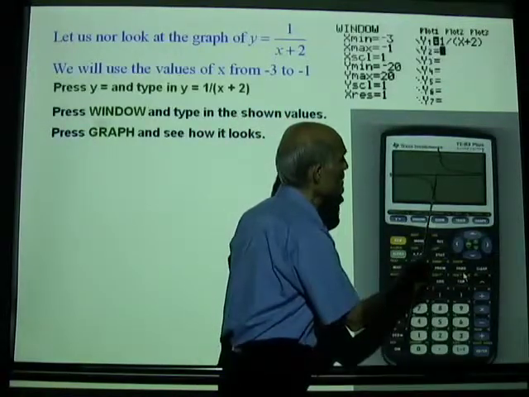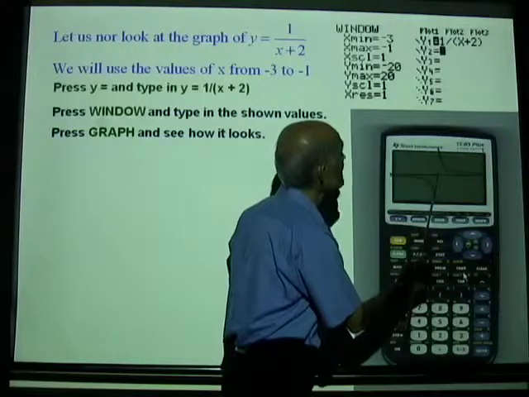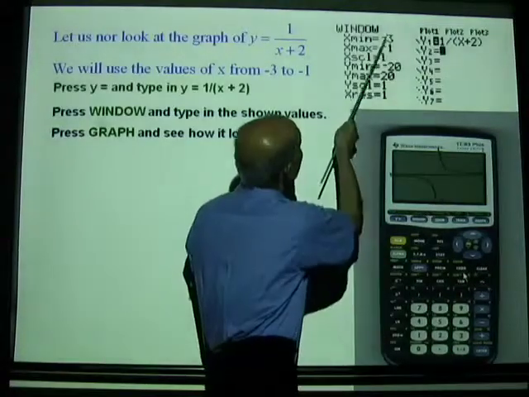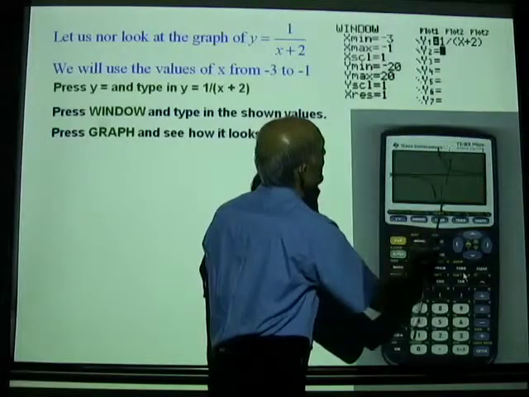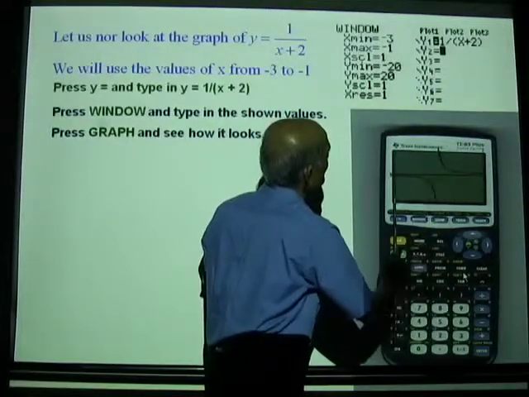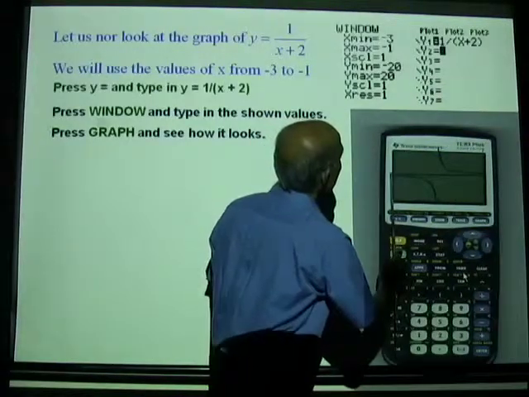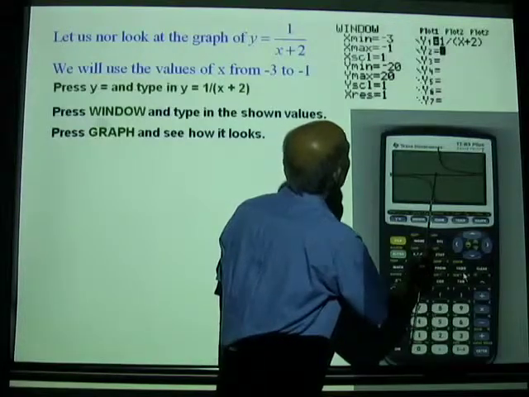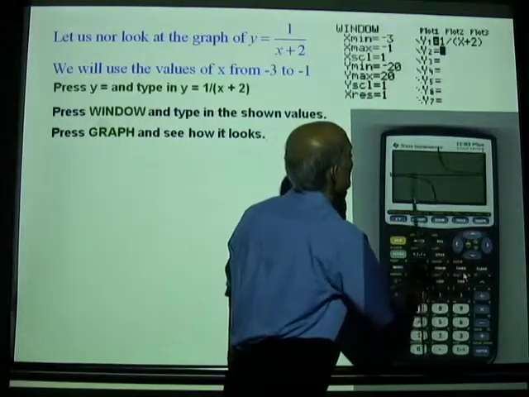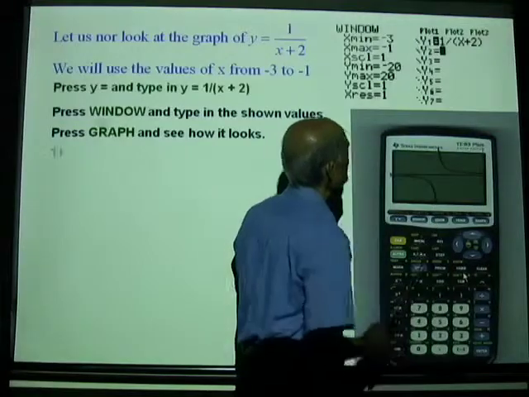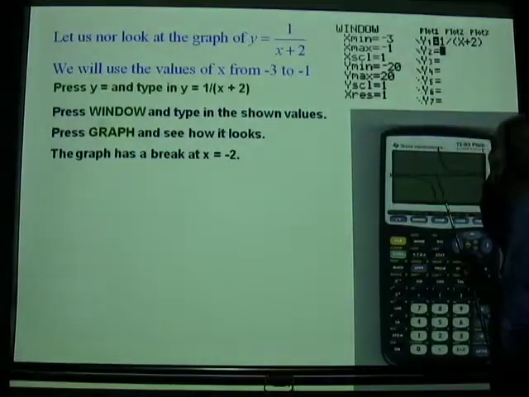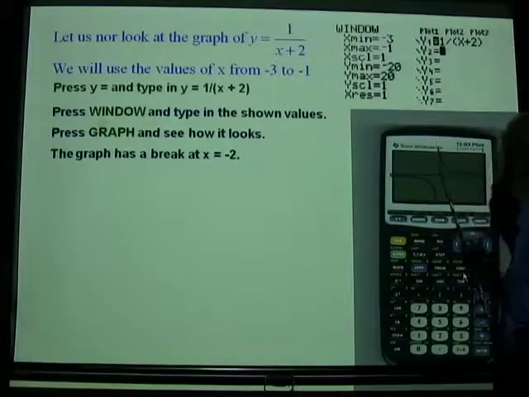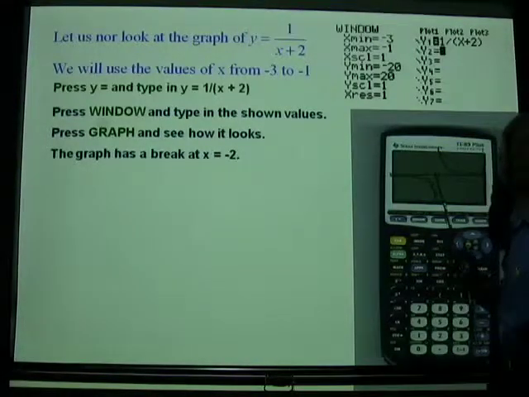Now this is x equal to -2, because we set x minimum -3 and x maximum -1. So this is -3, -2, -1. Now that means when x equal to -2, you get no output. There's a break in the graph.